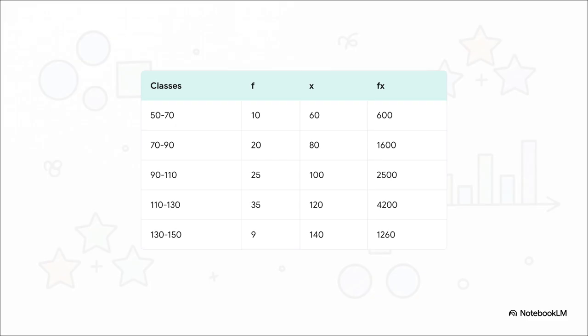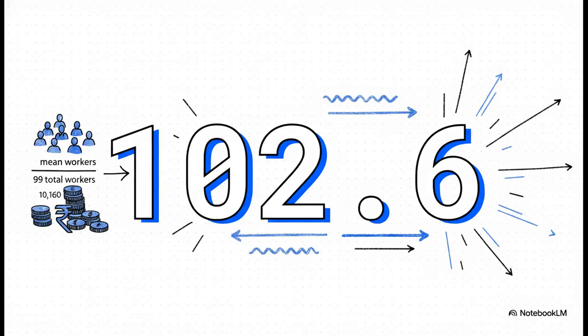When we sum up that entire final column, we get our total proxy value, 10,160. We take that 10,160 and divide it by our N, the 99 total workers. This gives us our direct mean wage rate of 102.6 rupees per day. That single figure beautifully represents the center of this entire grouped data set.